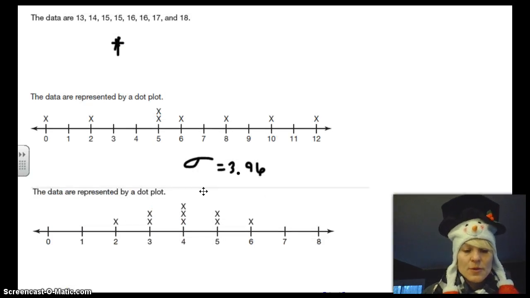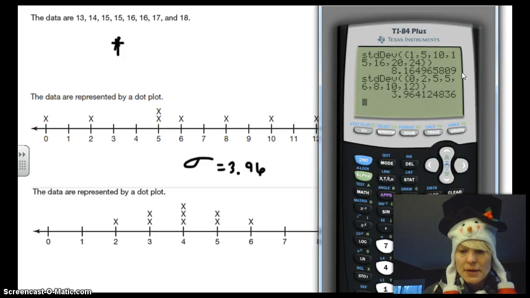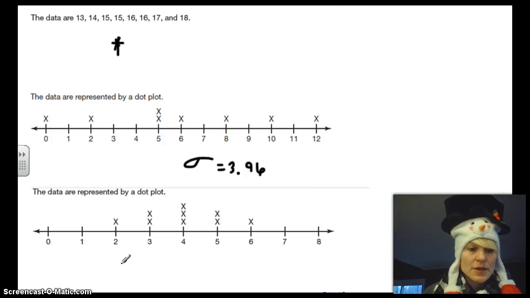Now, if you don't have a calculator, perhaps you could just write out what it would look like on your calculator, and then when you get to school, you could put it in. So you could put STDEV, parenthesis, fancy parenthesis, list the numbers you're going to use, and leave it at that. So you're going to do this example here on your own and this example here on your own. Then I also want you to write a sentence about how closely spread that data is.